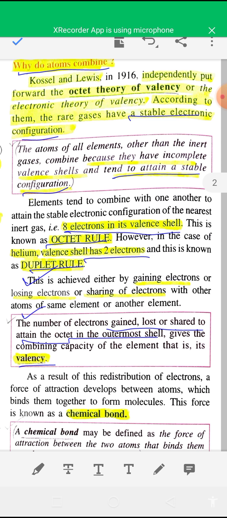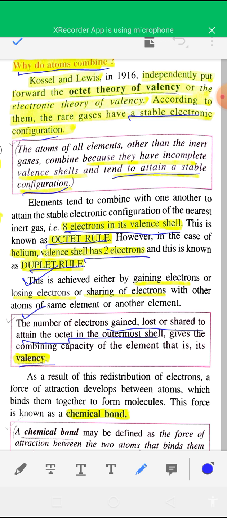And as a result of this redistribution of electrons, meaning gain of electrons, loss of electrons, or sharing of electrons, a force of attraction develops between atoms, and this force of attraction binds them together to form a molecule.